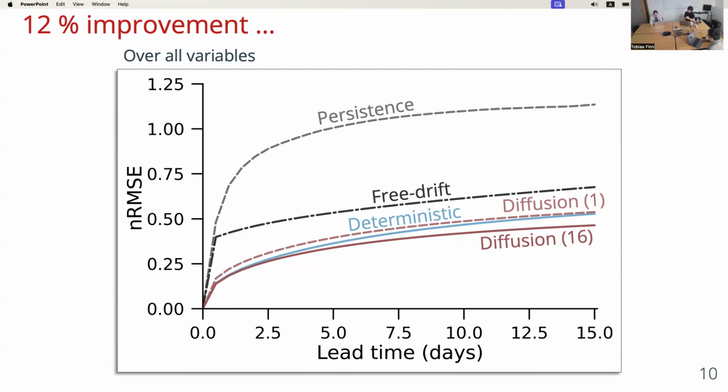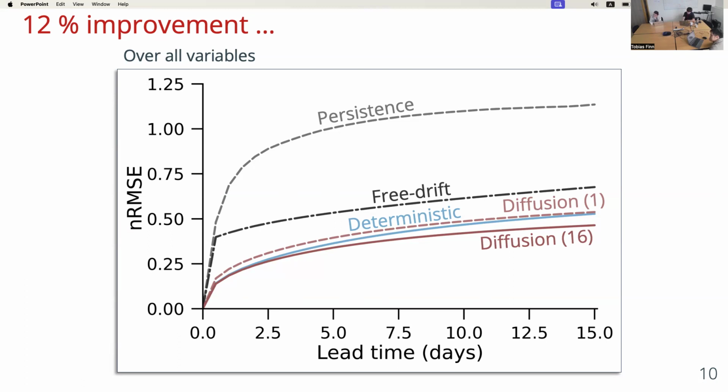However, if we use 16 ensemble members and use the ensemble mean as forecast, then we can see that we improve compared to the deterministic model by around 12%. And this again holds for all variables.